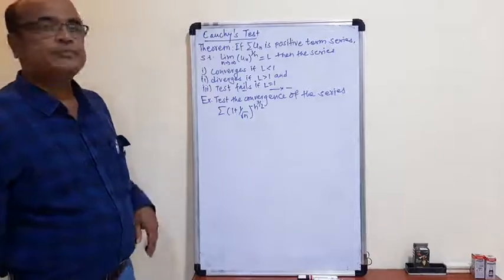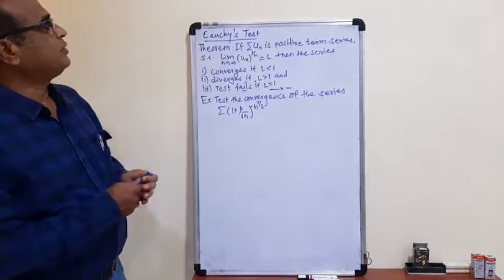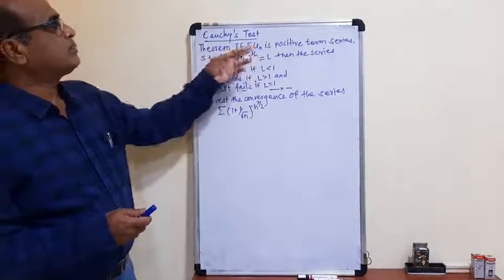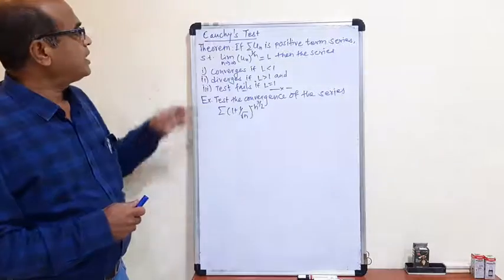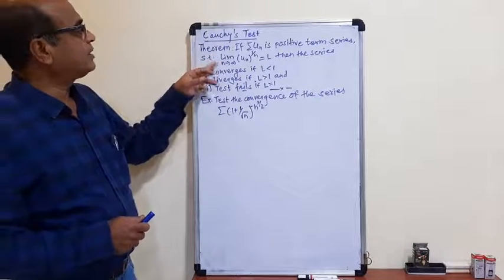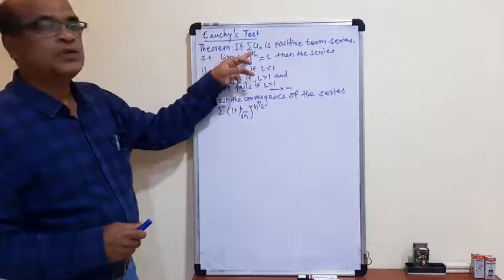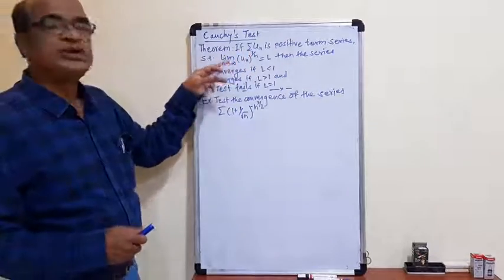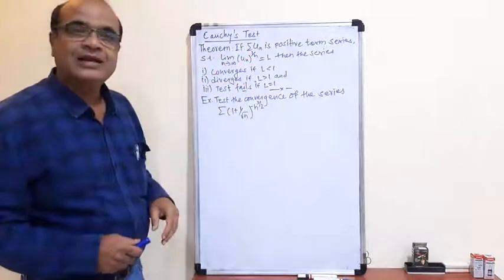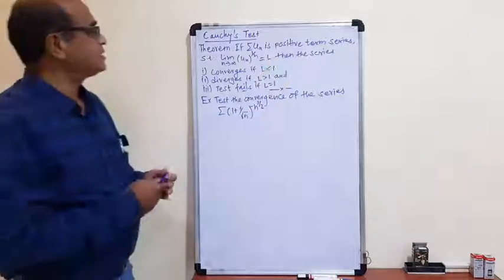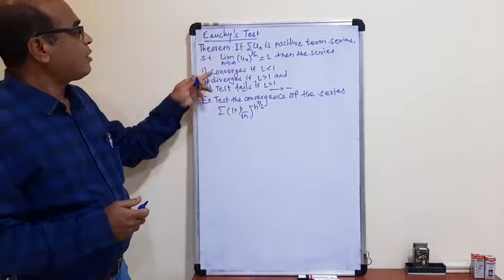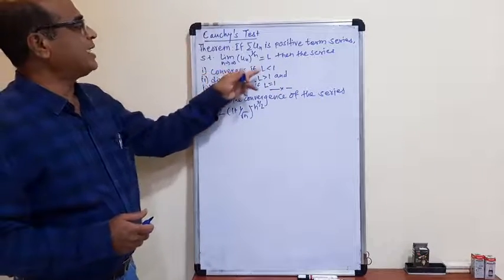So what is the theorem? If summation un is a positive term series such that limit of un raised to 1 upon n as n tends to infinity is equal to L, then the series converges if L is less than 1.